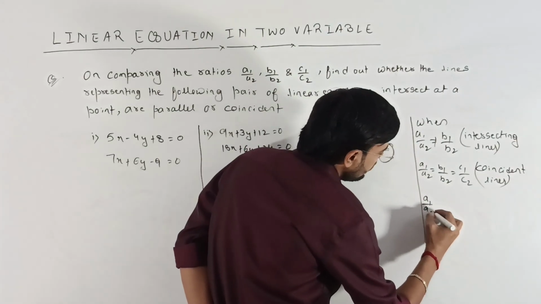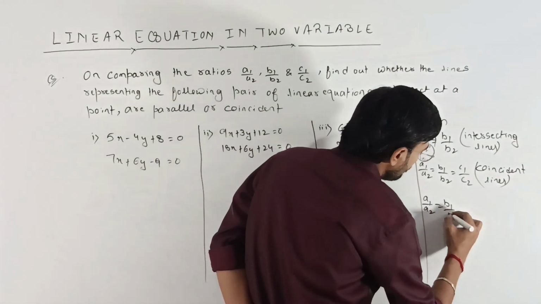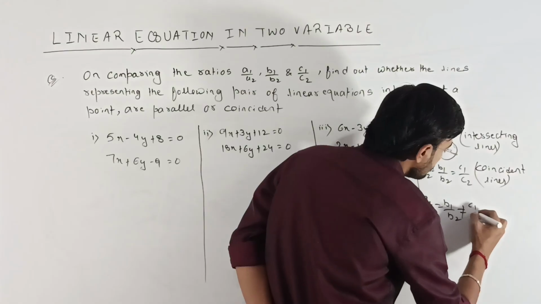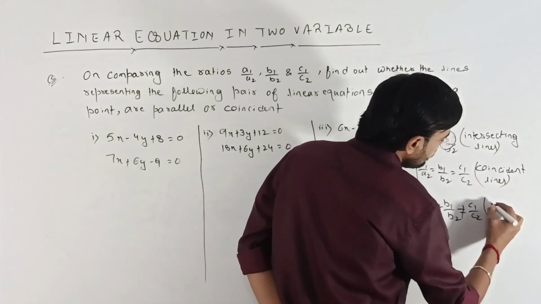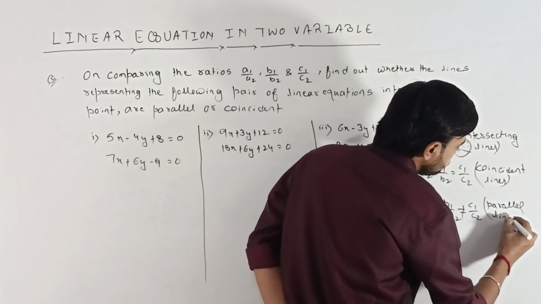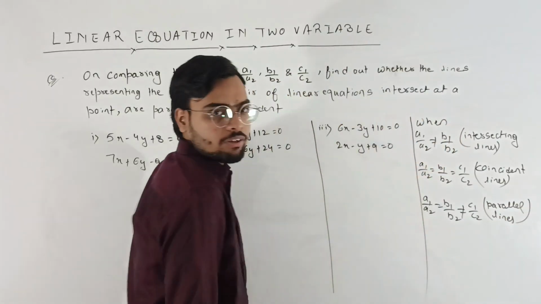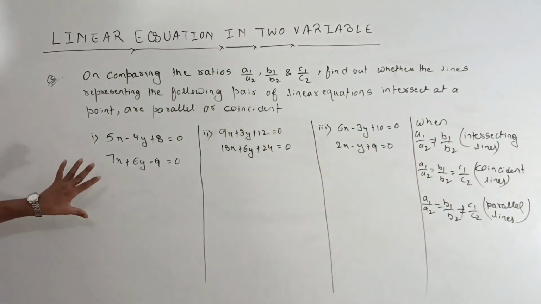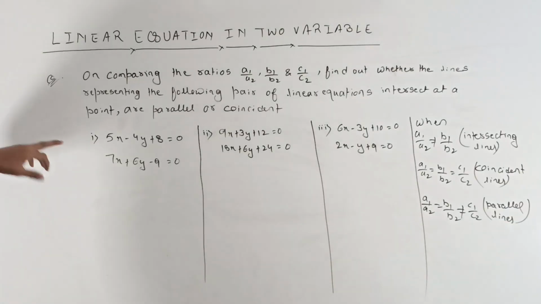When a1 upon a2 is equal to b1 upon b2 is not equal to c1 upon c2, then in this case the graph is parallel lines.